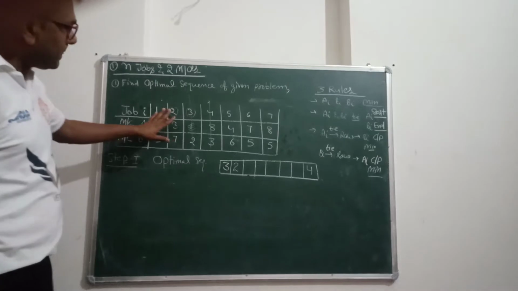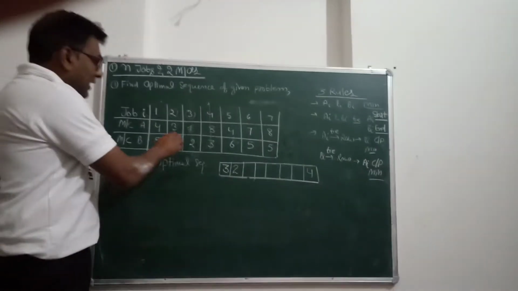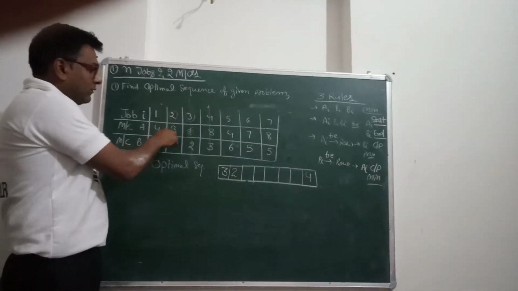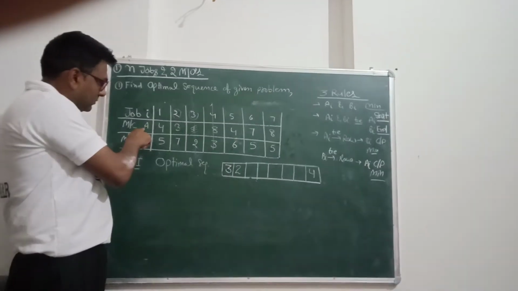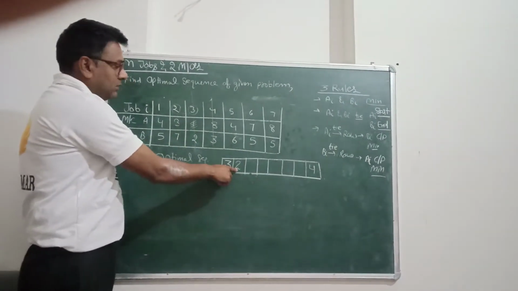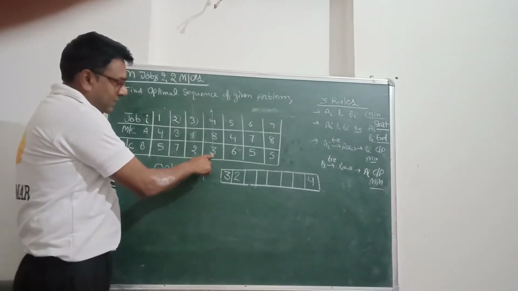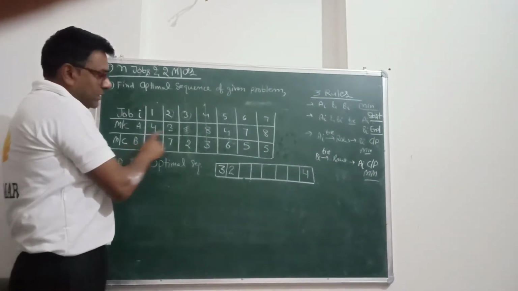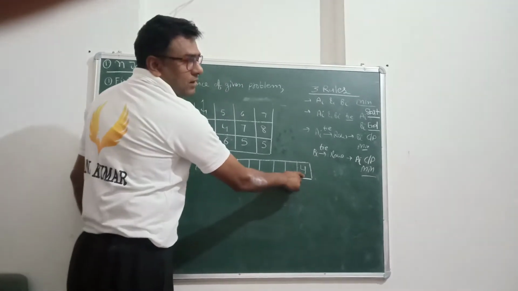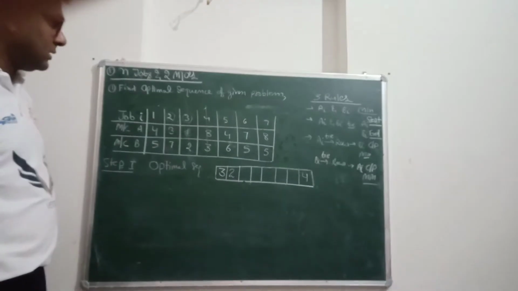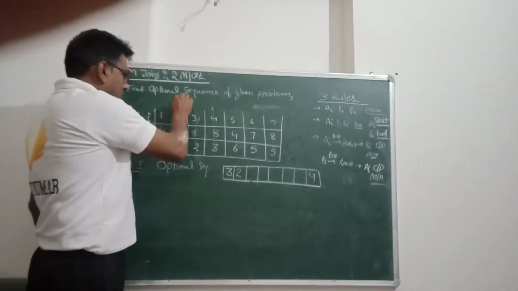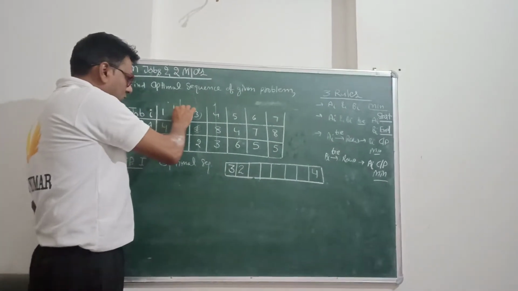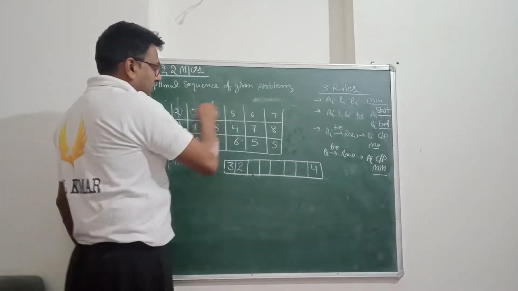So if there is a tie, we will put the job against machine A in the starting cell and the job number against B in the last cell of the optimal sequence table. Now these jobs have been completed, so we will not include them in the next calculation.